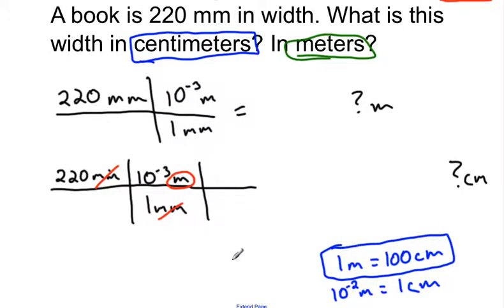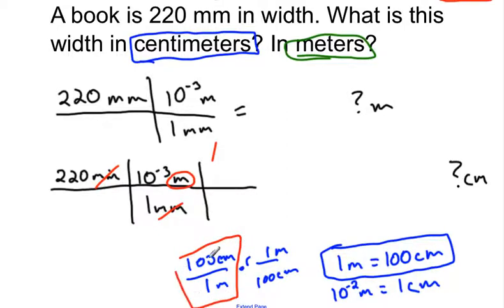To put that in a ratio, go 1 meter over 100 centimeters, or 100 centimeters is equal to 1 meter. We could do either. Take a guess as to which one we're going to use. We're going to use this one right here. Meters is on top, so I want to put meters on bottom for my next ratio.